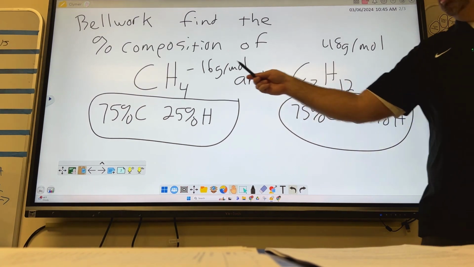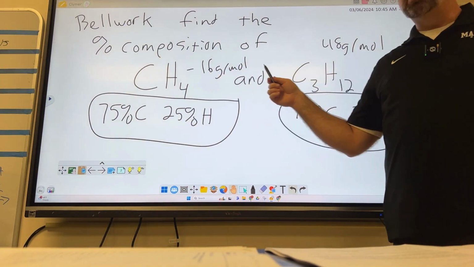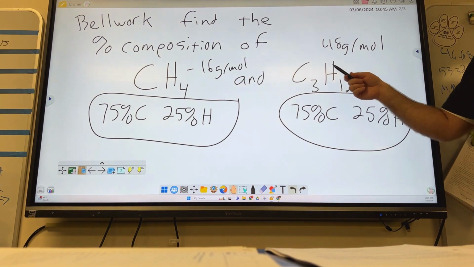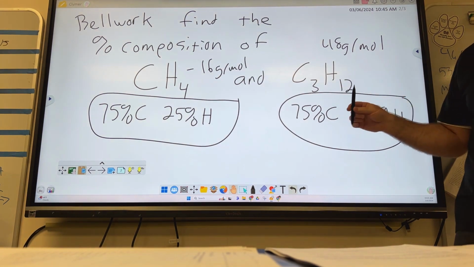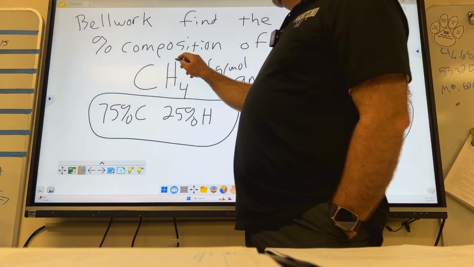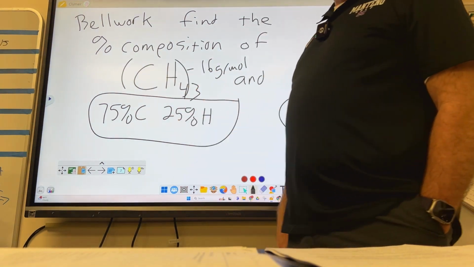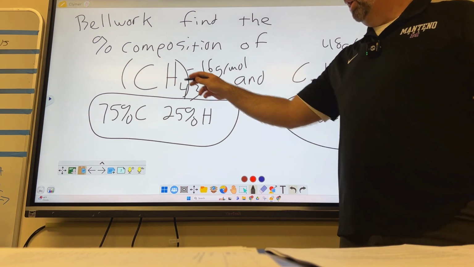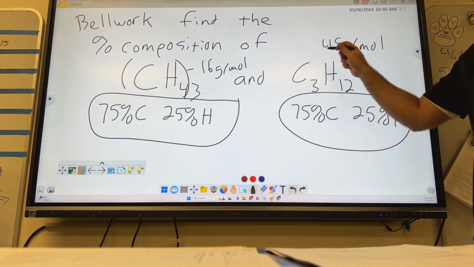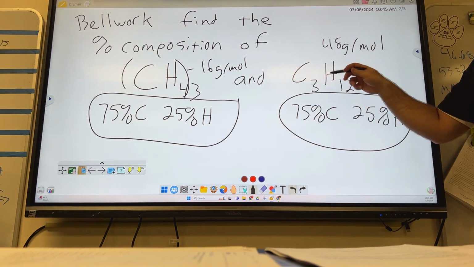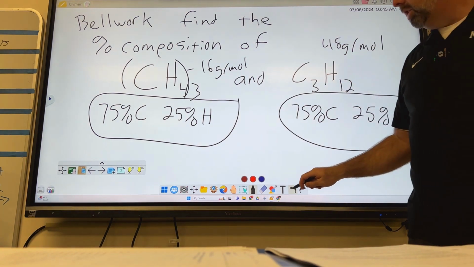These are two different compounds. This one is triple the molar mass, right? Because it's C3H12. Not something like this. That's a different thing. That's just 3 of these. This is not 3 of those. This is a whole different molecule. That's what we're solving for here.